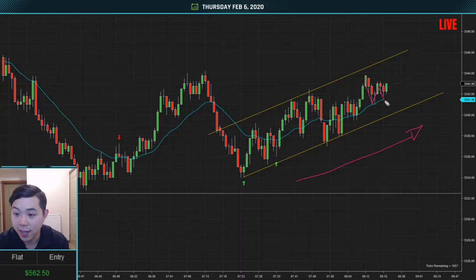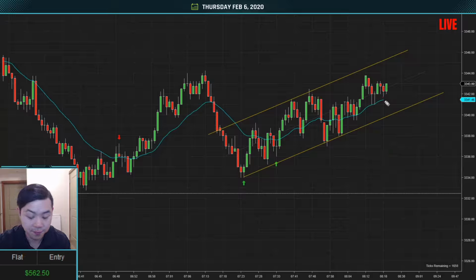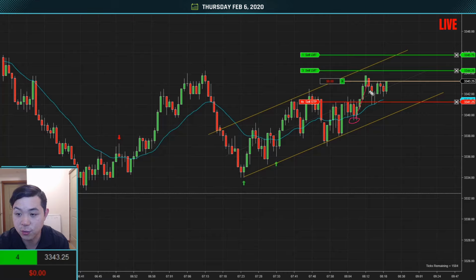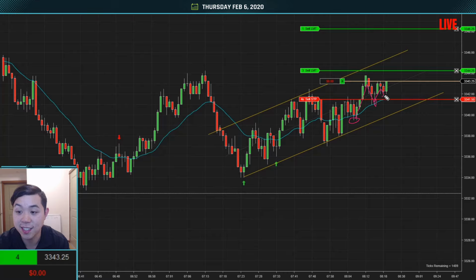Another thing you can spot here is that there's also a trap to the downside. If you start here, you can see that there's one leg down and a second leg down here. So not only are we buying a two-legged pullback where a lot of smart traders are going to come in and buy, we're also trapping a lot of traders who are thinking that this is the top.